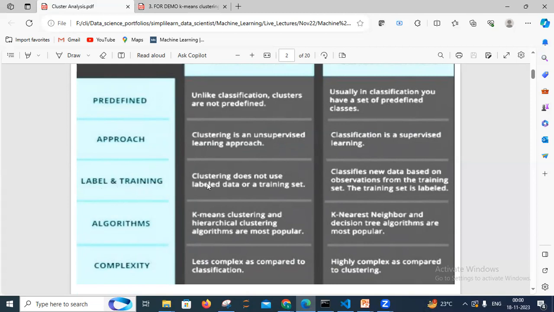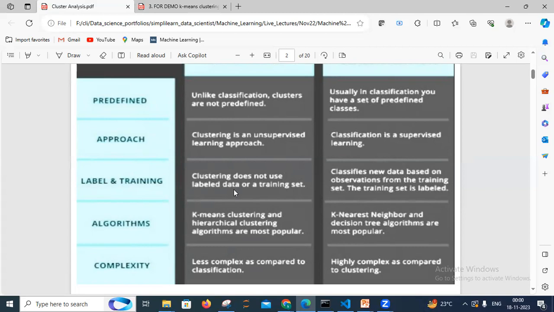And regarding labels and training, clustering does not use label data. You already mentioned unsupervised learning is not dealing with label data or a training set, right? Whenever we discuss the classification model, it classifies new data based on observations from the training set.